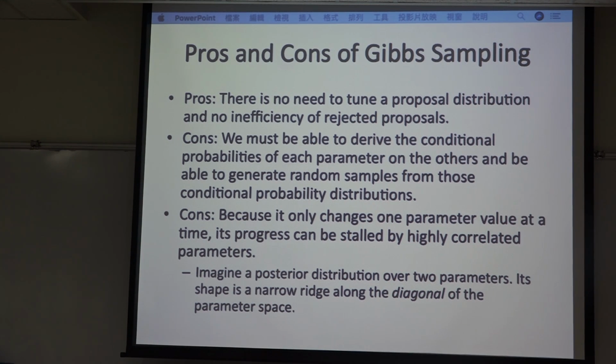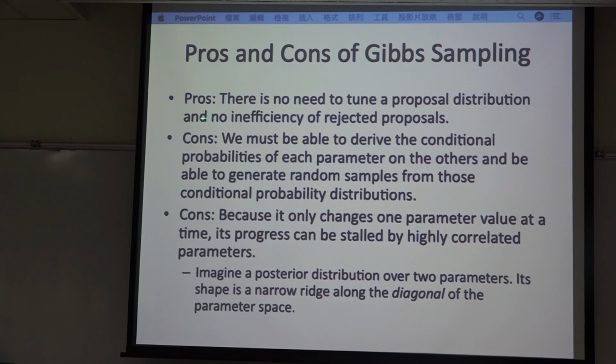You don't need to worry about the standard deviation being too large or too small. Every time you sample from a conditional probability distribution, because it is part of the posterior distribution, you always accept that. So there's no inefficiency of rejected proposals.